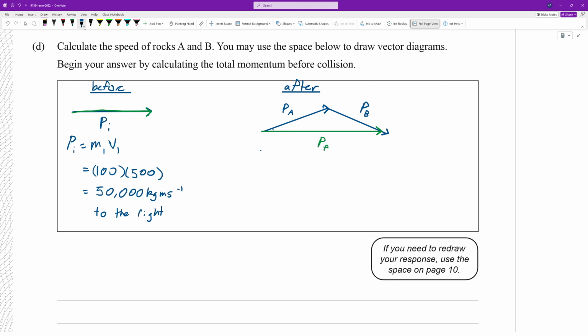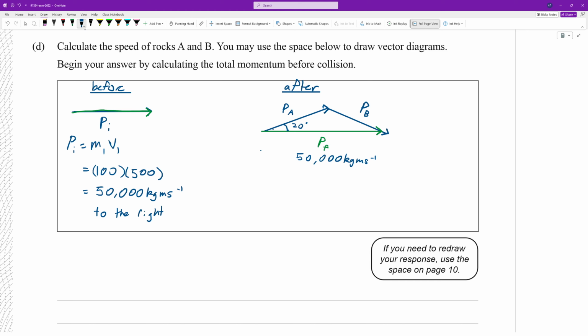And so straight away we can actually label the size of PF as 50,000 kilogram meters per second. Alright, what else can we label? We can label this angle as 20 degrees. Now what would that angle be? Would that be 20 degrees as well?